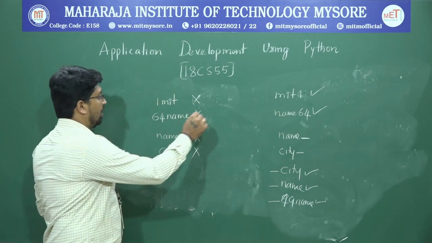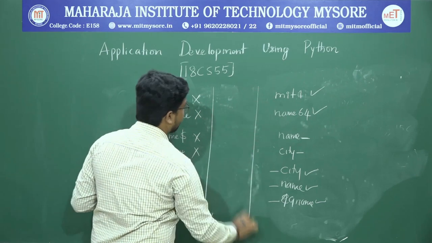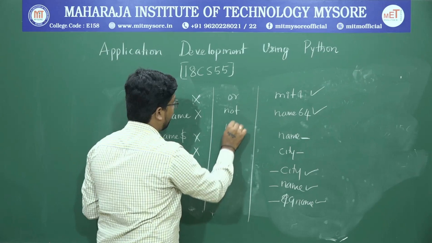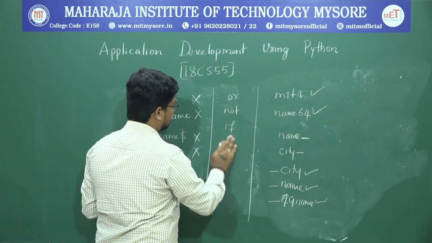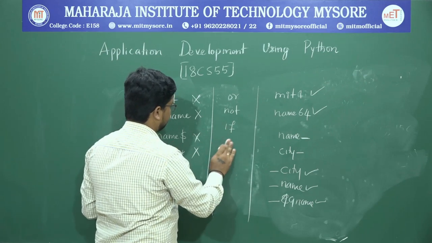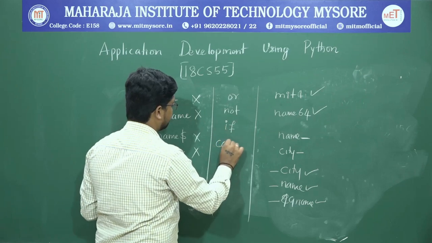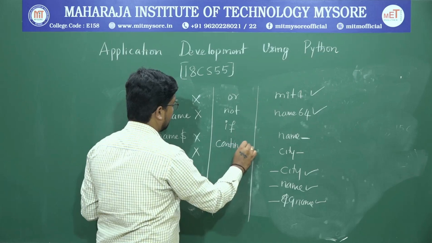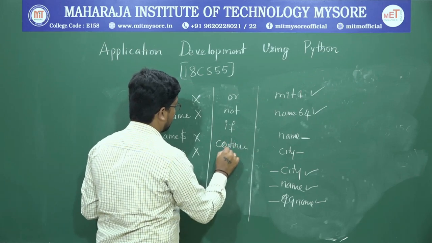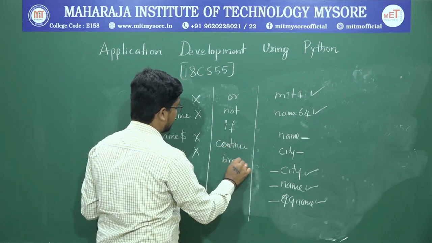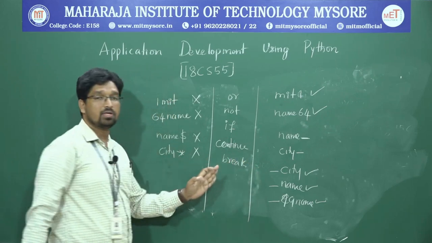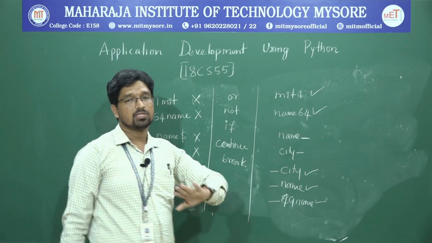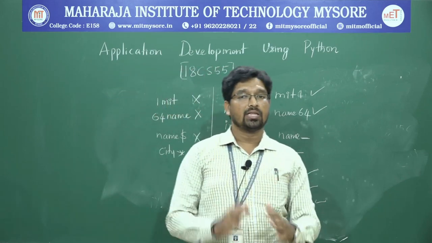Let us say the sample keywords are not, if, continue, break. So these are some keywords. You cannot have these keywords as variable names. This is the rule in Python.